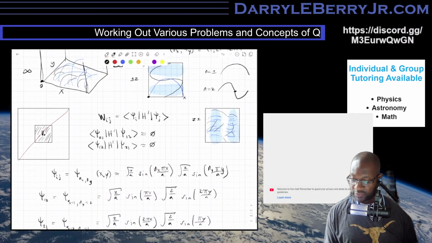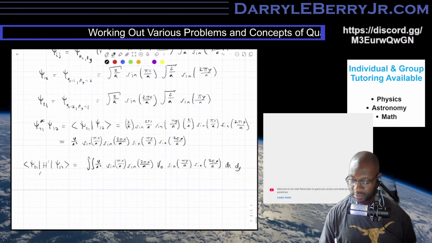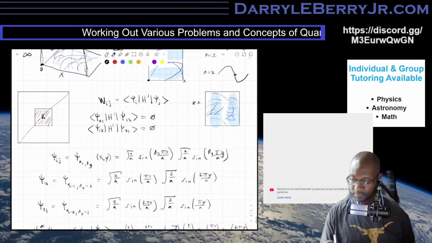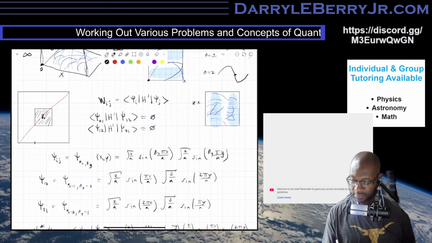And we'll integrate over the perturbation because this is 0 everywhere else. And I set this for a third.